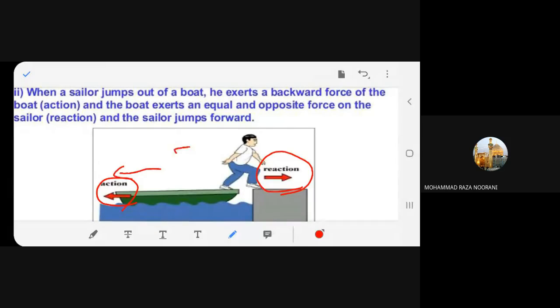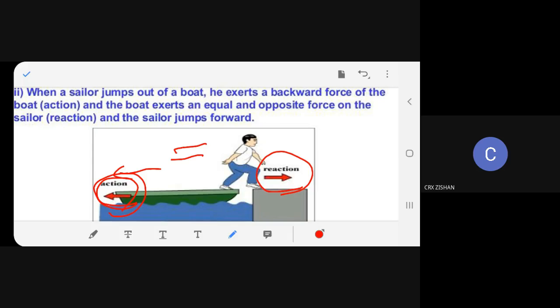Now, these two are equal. Action is equal to reaction, but they are opposite in direction. And the boat and the land are two different objects. Any problem? So the backward force is the action, and the sailor moving ahead is the reaction.